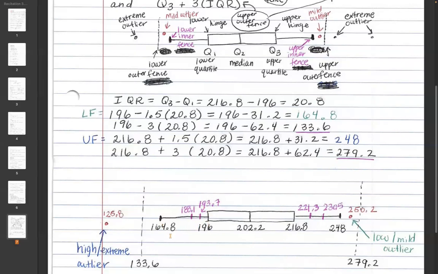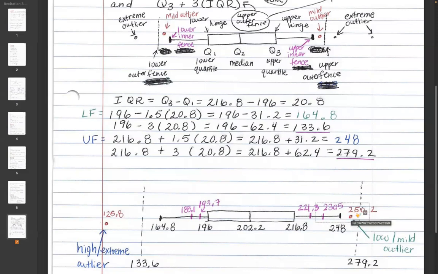That's the same situation, so that's not an outlier. Then we have 221.3. That's not an outlier. And then we have 230.5. That's also not an outlier, because it's falling between quartile 3 and the upper inner fence.